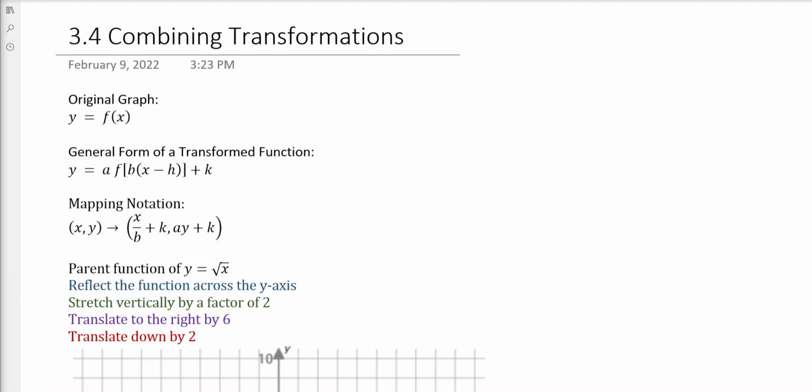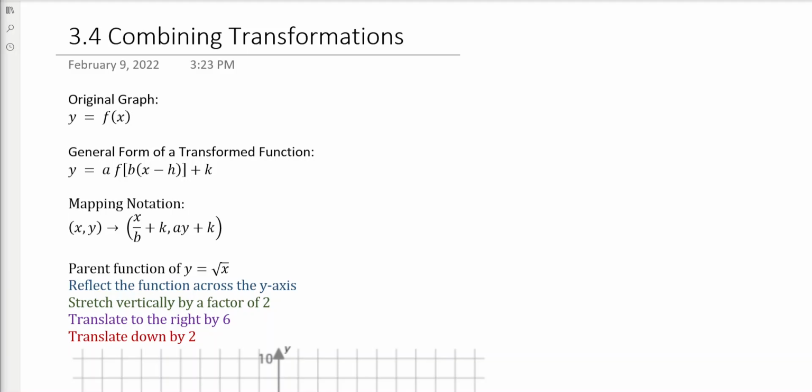So we've been looking at all the different types of transformations so far: reflections, stretches, translations.